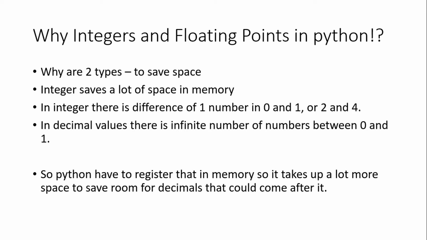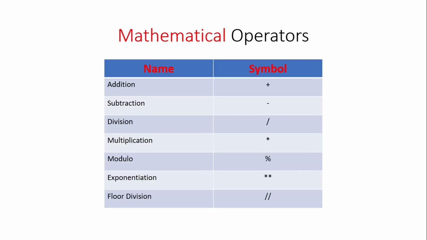Whereas in decimal values, there are infinite numbers between 0 and 1. So it is not possible for Python to keep account of those infinite numbers. So now we have understood what integers and floating points are, what the differences are, and what they are used for in Python. Now we will be learning some mathematical operators used in Python.